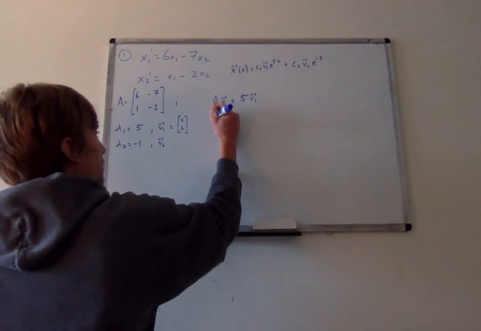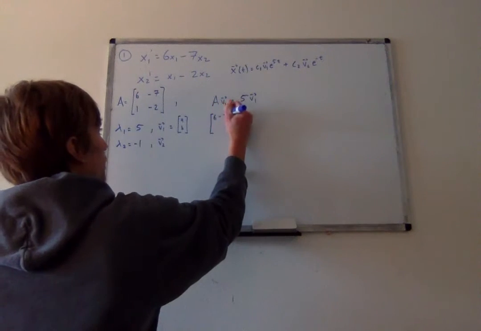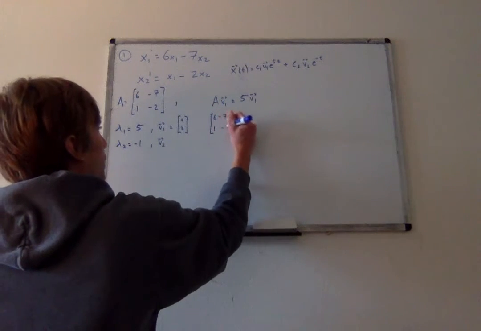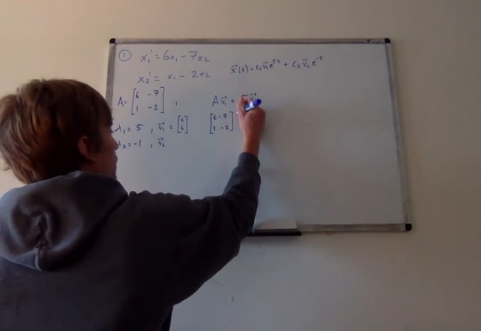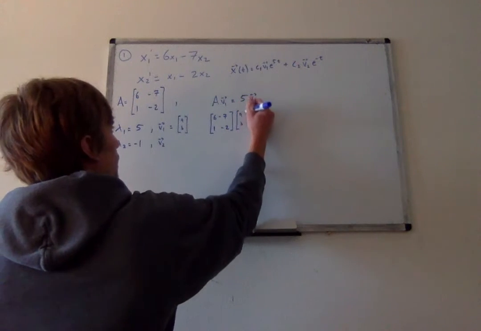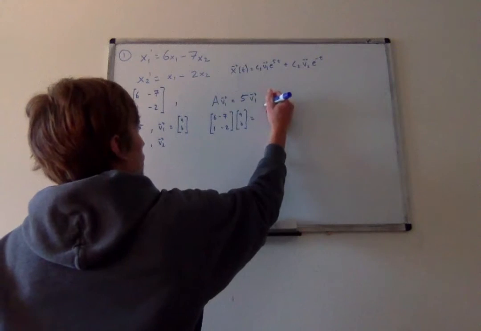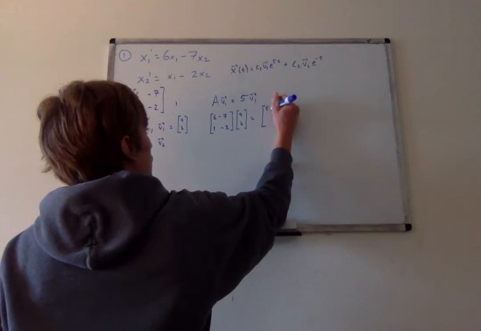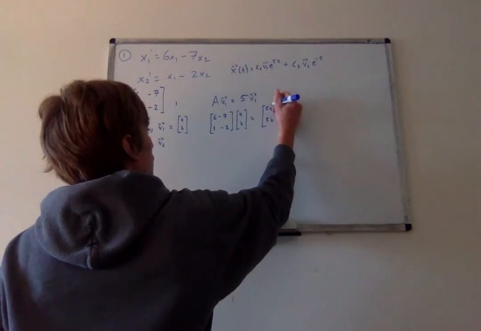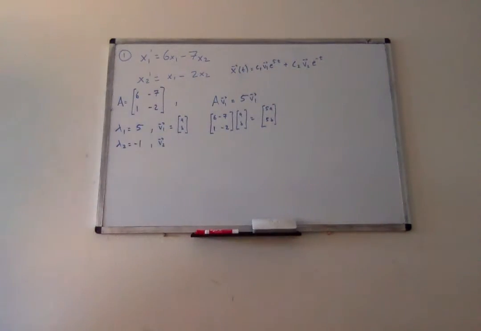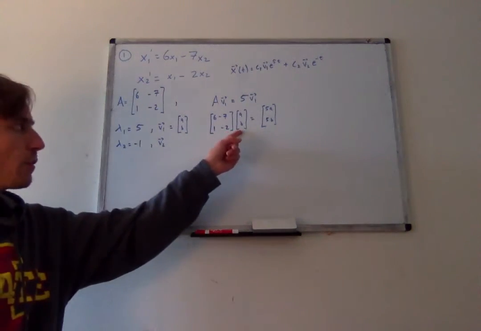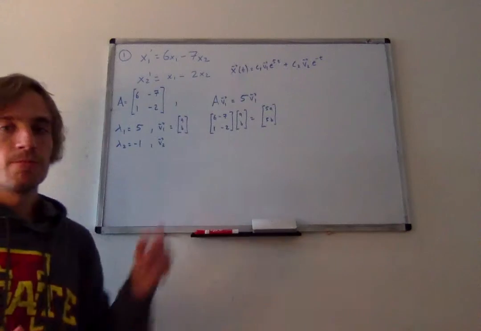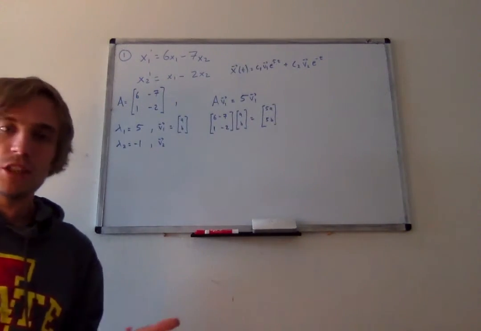And so what this is basically saying is that when I multiply this vector (a, b) times this matrix, I could have alternatively just multiplied each entry by 5.